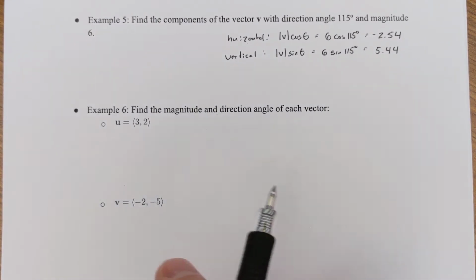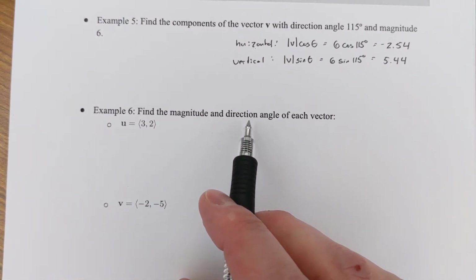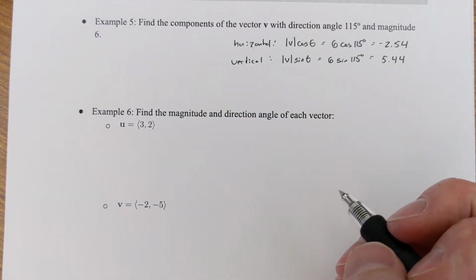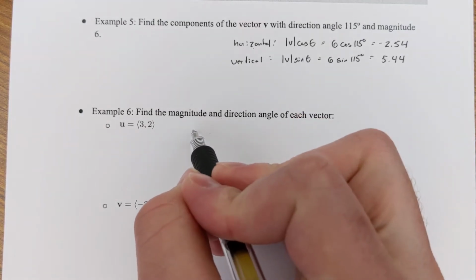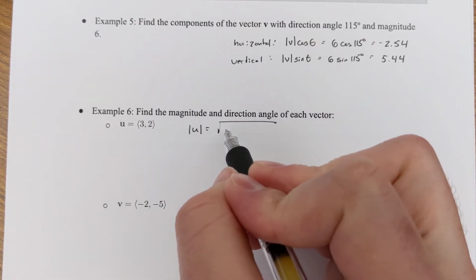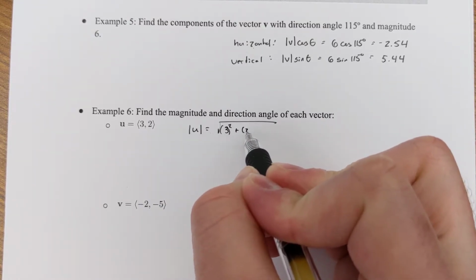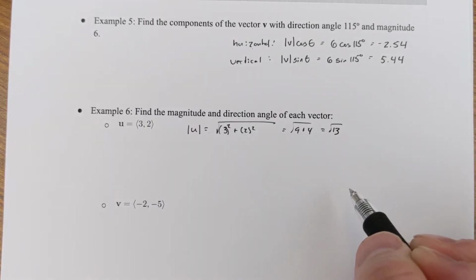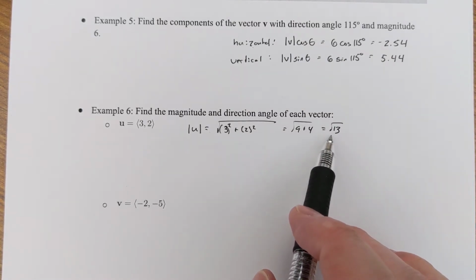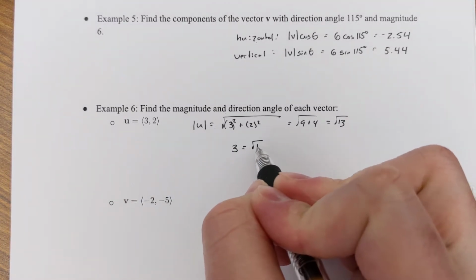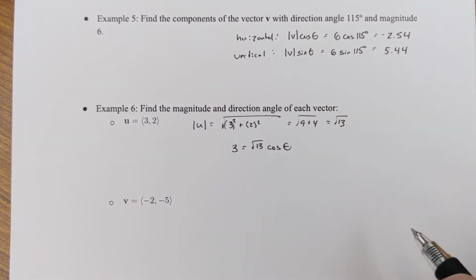All right, so here, find the magnitude and direction angle of each vector. So the magnitude is not too terribly tricky. The magnitude of u is given by the square root of a squared plus b squared. So that's root 9 plus 4. So the magnitude is root 13. Now, to find the angle, the horizontal component, 3, is equal to the magnitude times the cosine of the angle.